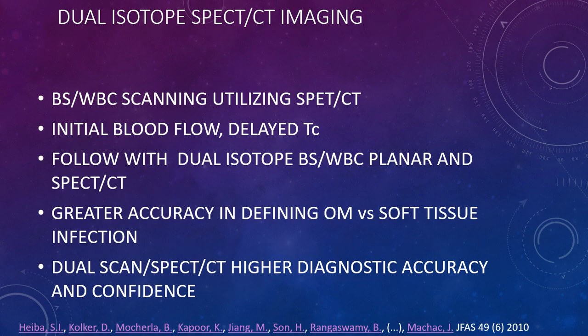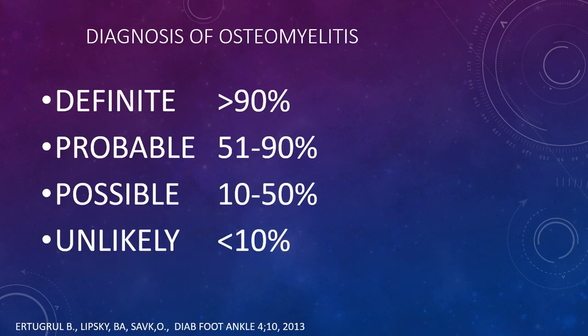and that actually white cell scanning in this particular study appeared to be superior. We've had increasing interest in dual isotope SPECT-CT imaging, and again, this has been shown to have some degree of accuracy for the diagnosis of osteomyelitis.